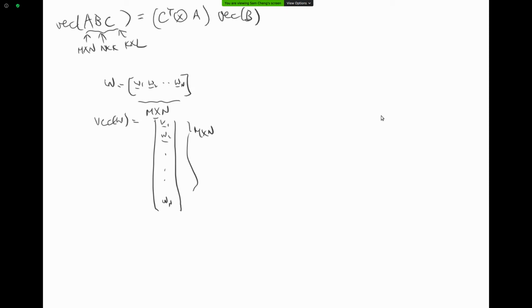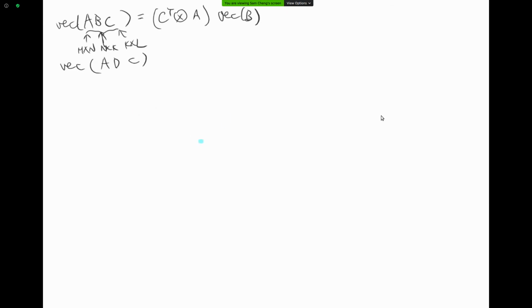And also, if the matrix in the middle is diagonal, so if I have the vectorization of A times D times C, where A is n by n, D is n by n, and C is n by l, so D is a square diagonal matrix, then this is equal to C transpose Khatri-Rao product with A, times the diagonal of D. The diagonal of D just takes the diagonal elements and puts them in a column vector.